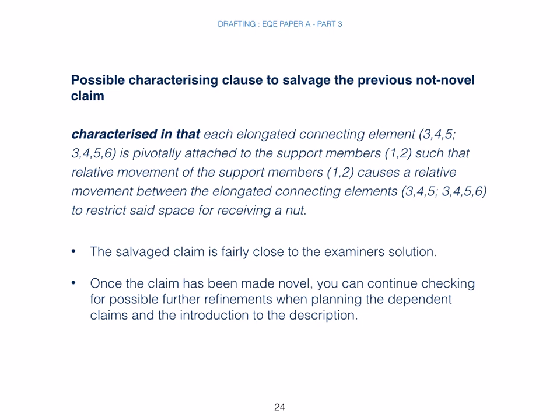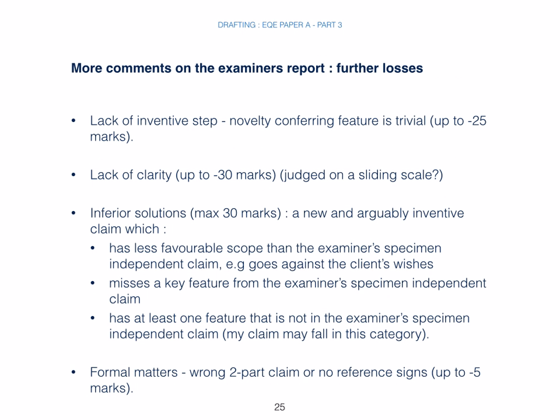Good. Let's now list some further possible losses as they are listed in the examiner's report. Lack of inventive step where the novelty conferring feature is trivial loses up to 25 marks. There were no particular examples of that.